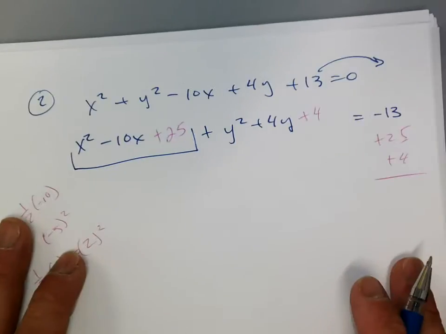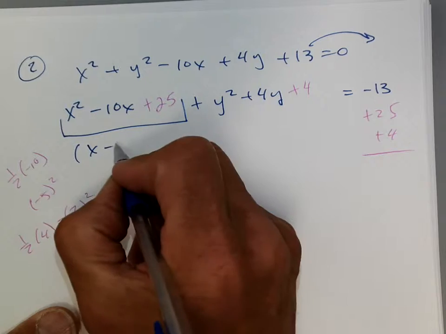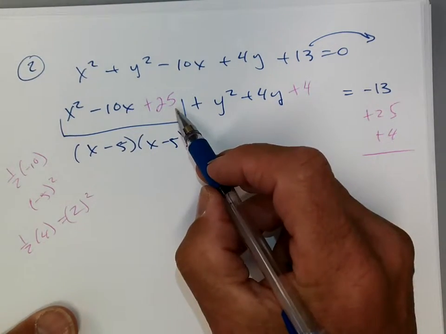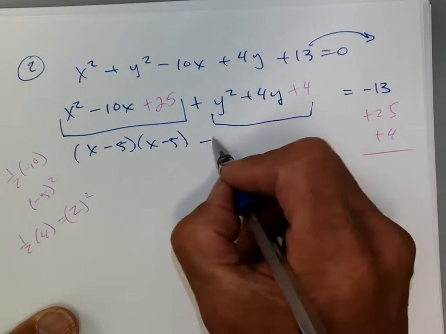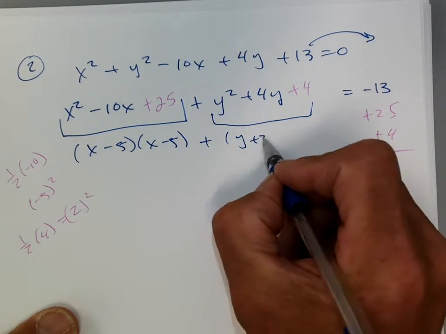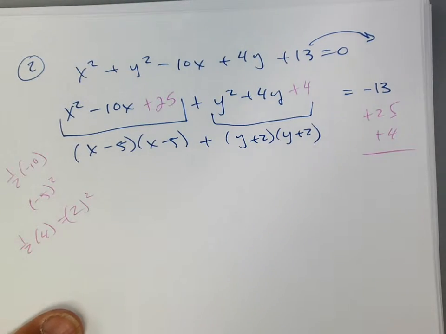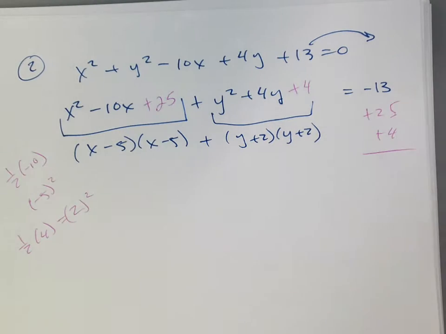This will factor into an x minus 5 times an x minus 5, right? Multiplies to 25, adds up to negative 10. This will factor into a y plus 2 times a y plus 2. And let's see, what does that add up to? Is that 9? I think it's 9. Is it 16?